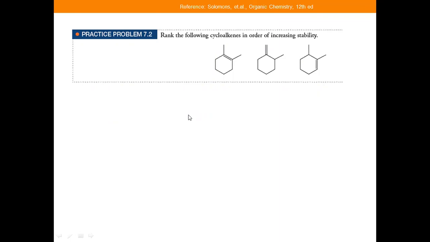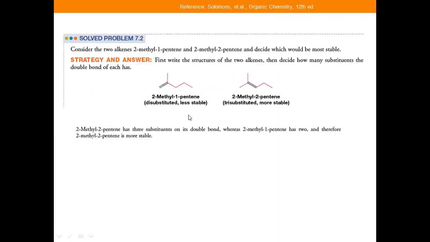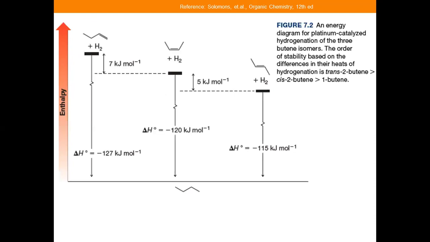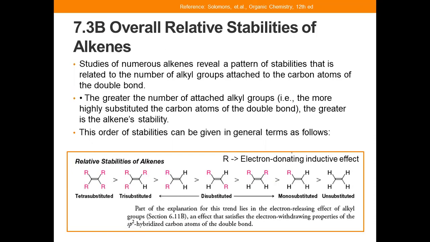Okay, let's go back to this one. For the relative stabilities of alkenes, this is your double bond. You have 2 carbons in the double bond. So R is the alkyl groups, or the group of atoms, attached to your double bond. If there are 1, 2, 3, 4, it means it's tetra substituted, and this is the most stable kind of alkene, followed by tri when there are 3 R groups attached to your double bond carbons.